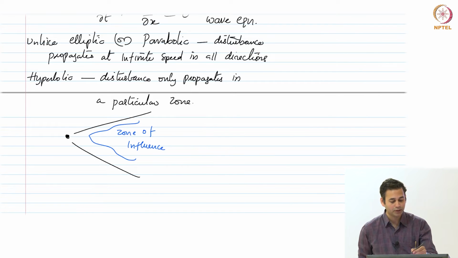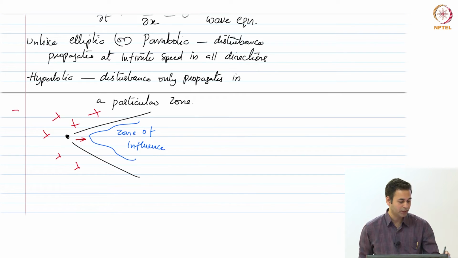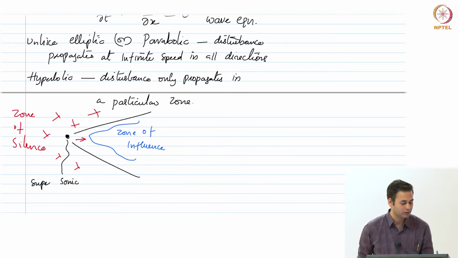So, they will not propagate in any of these directions, rather they only propagate downstream, right. So, this is a zone of silence when this particular body is moving at sonic or essentially at supersonic speeds, right.